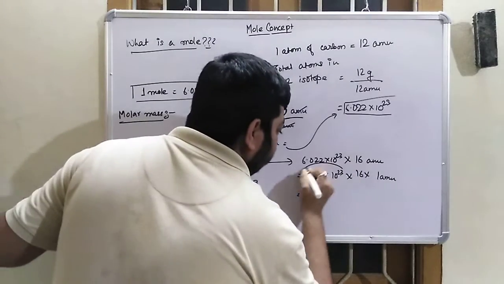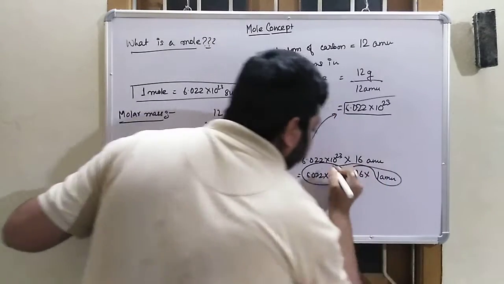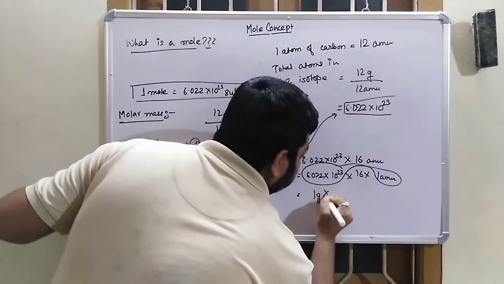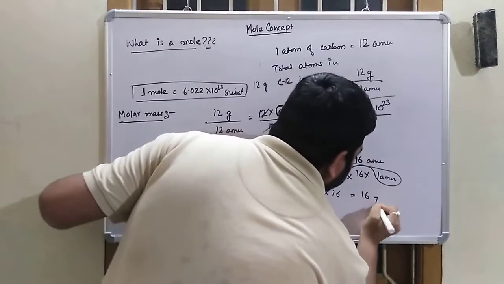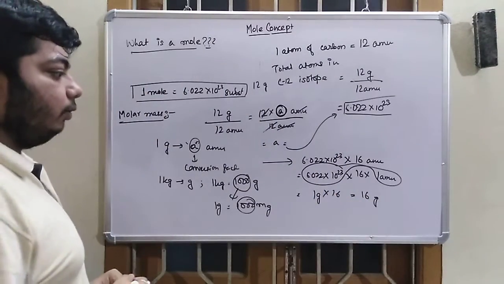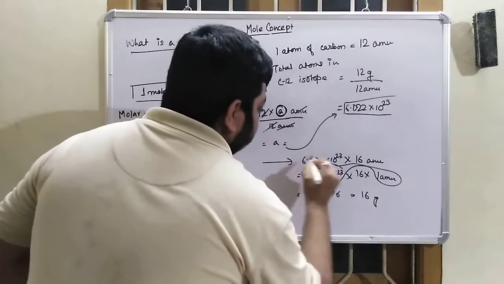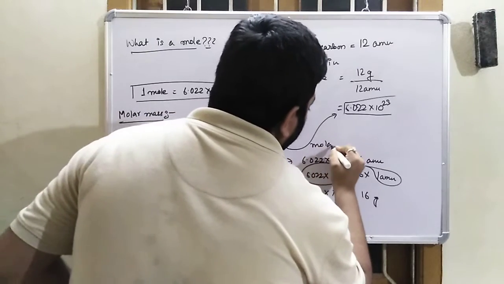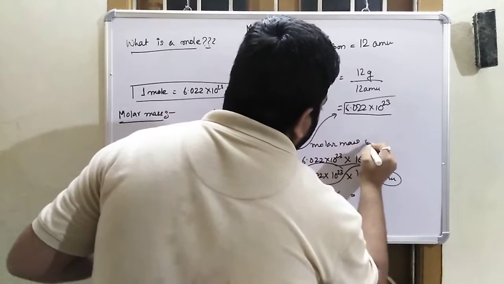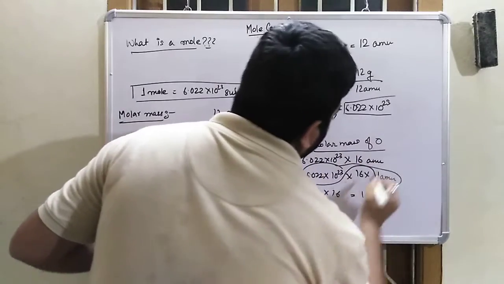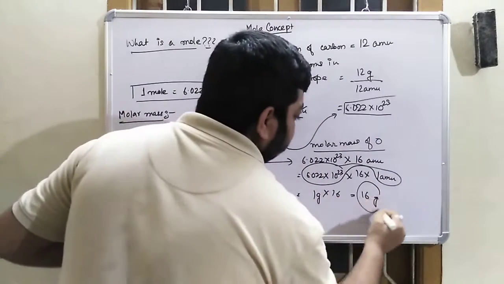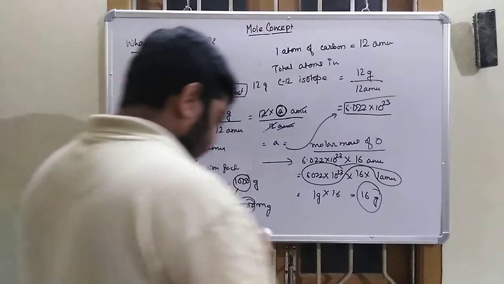Now you see, if we multiply these two, then we are getting 1 gram. So the molar mass of oxygen is 16 gram.